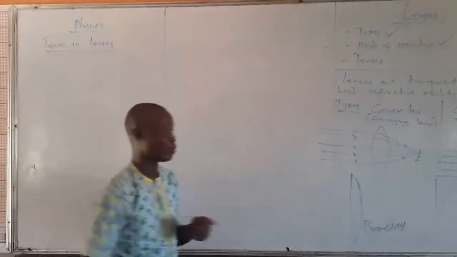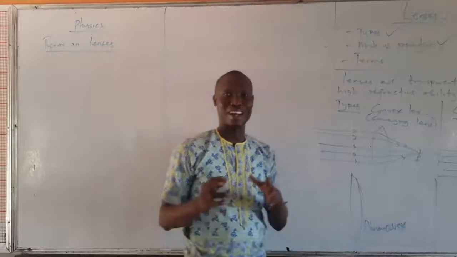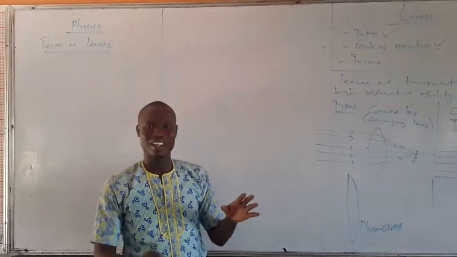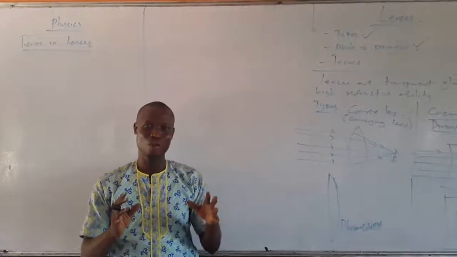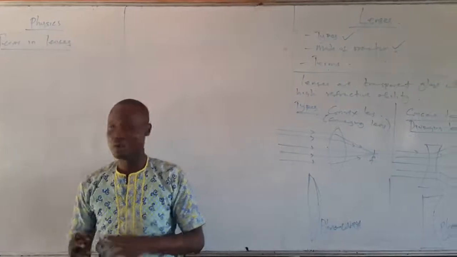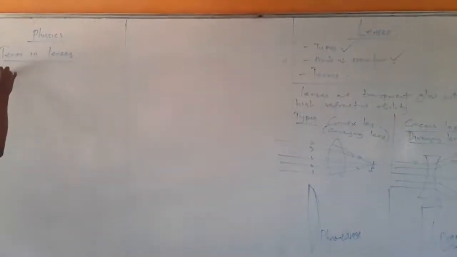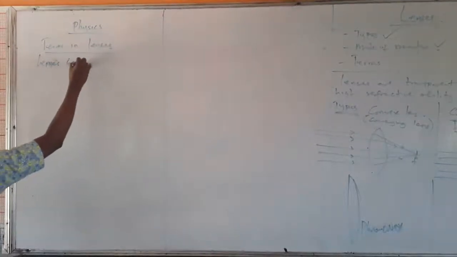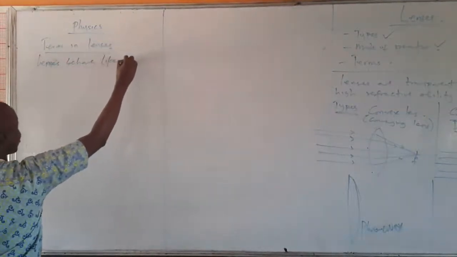Now, as I told you the other time, we noticed some kind of analogy between lenses and mirrors. That shows us that lenses basically have some synonymous character with mirrors. Basically, lenses behave like mirrors.